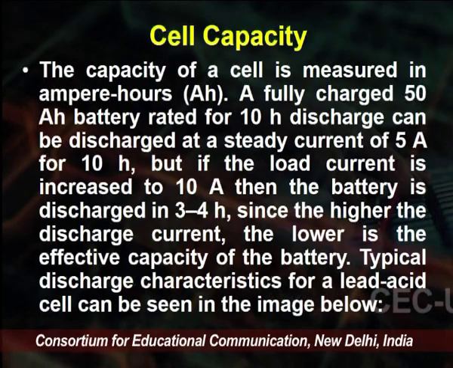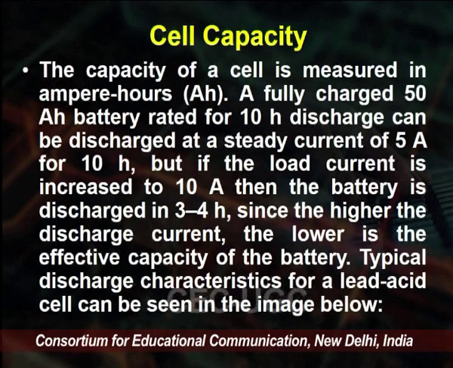Means it can be discharged over 10 hours with 5 ampere current flowing in it. But if the load current is increased to 10 ampere, then the battery is discharged in 3 to 4 hours. That represents the capacity of the cell.